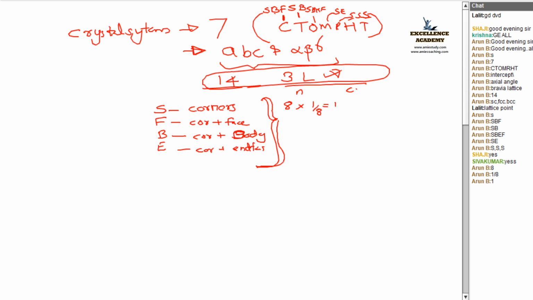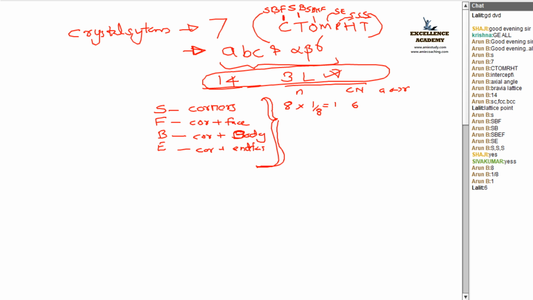Next is coordination number, the number of neighboring atoms. On the same plane 4, and then towards top 1 and towards bottom 1. Total 6 is there.